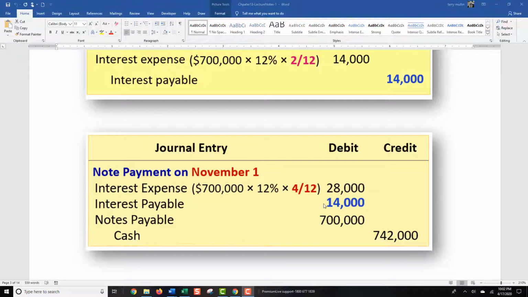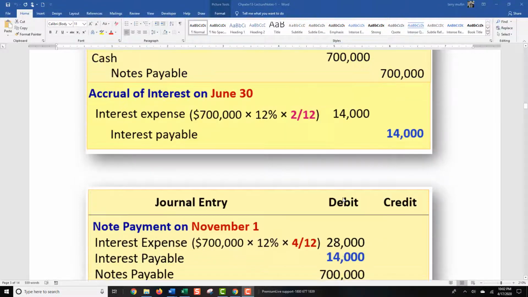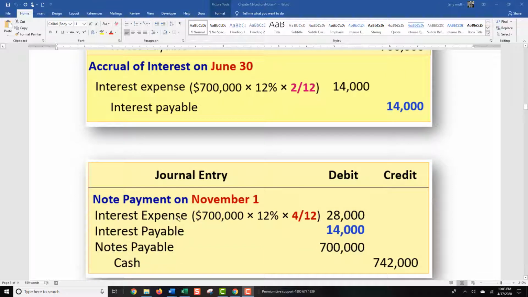The $14,000 represents 2 months worth of interest. But you have to put this in 2 pieces because the first 2 months was in one fiscal year. This other interest expense was in another fiscal year. And because of the matching principle, you have to put the expense in the proper time period.